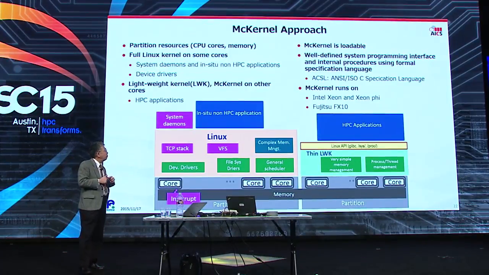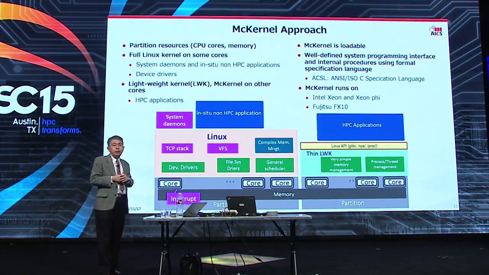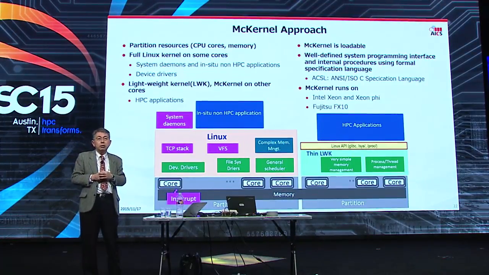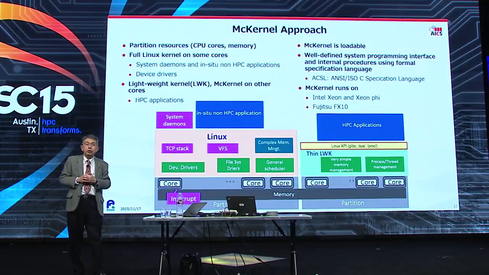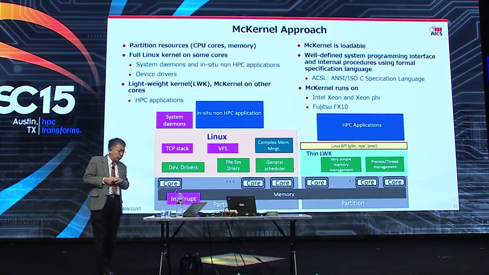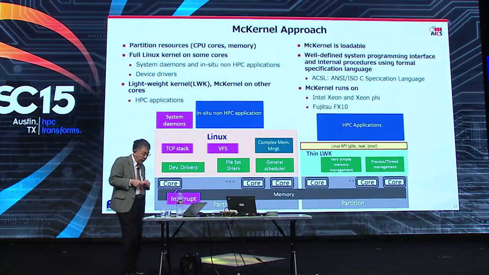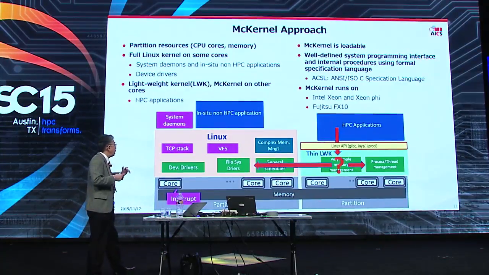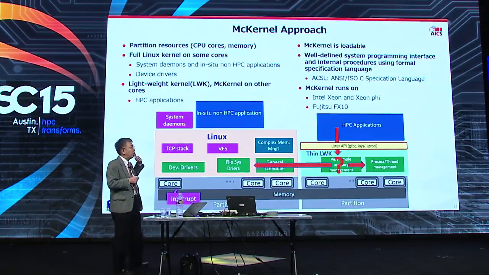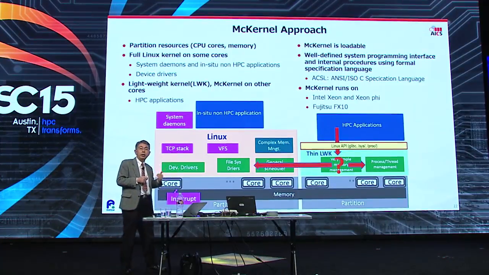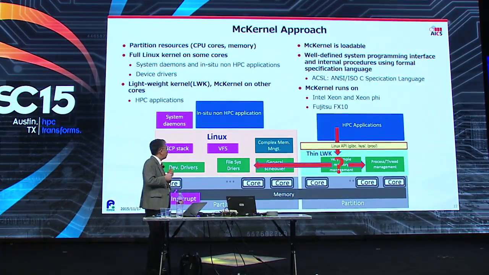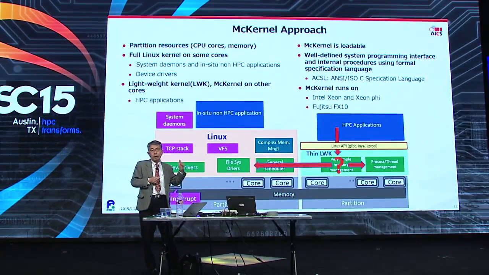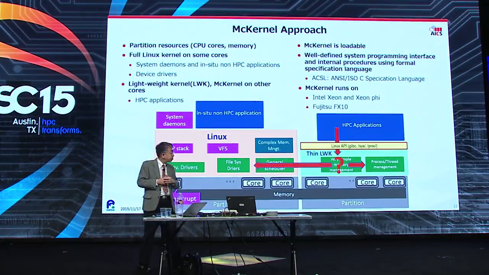Currently McKernel runs on Intel Xeon and Xeon Phi, and also the Fujitsu FX10. And eventually, of course, McKernel will run on our post-K machine. McKernel provides almost the full Linux API, including not only system calls but also the file system, special file systems such as /sys or /proc.